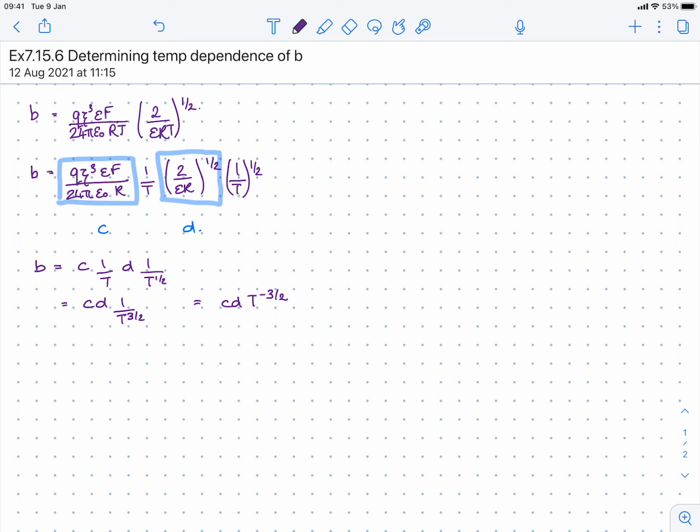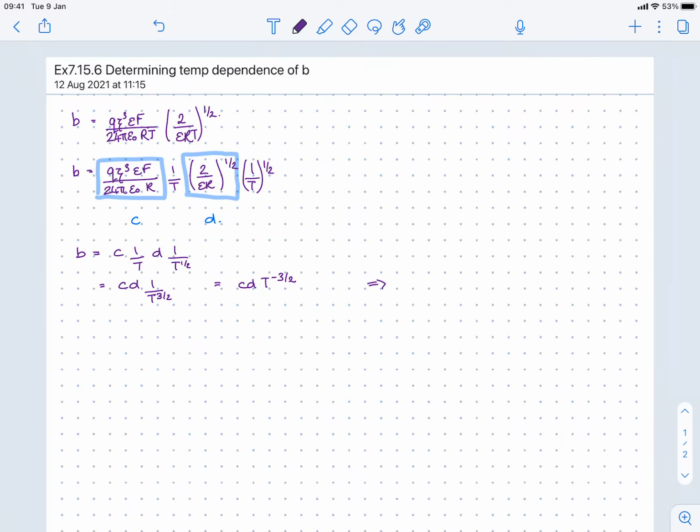Now, if I'd wanted to just directly go to the answer for a statement of B with all of my T's combined into a single term, all I need to do is write C and D here.